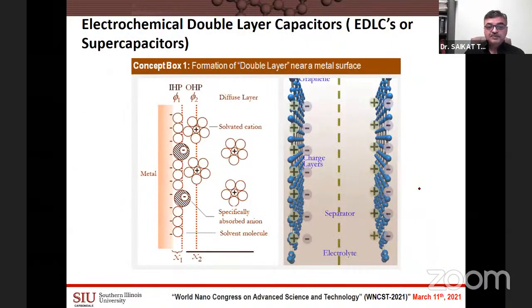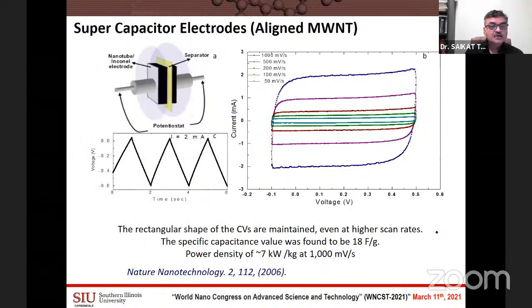Of course, the formation of a double layer will happen in any liquid metal interface. But the idea is if you can tune it properly, ultimately you have charge accumulation, which gives you these capacitance values. Now, initially what we have shown is that you can basically improve the supercapacitor behavior if you grow carbon nanotubes directly on metal surfaces.